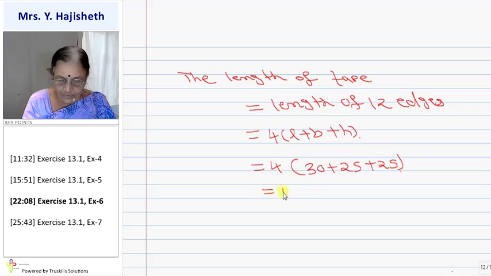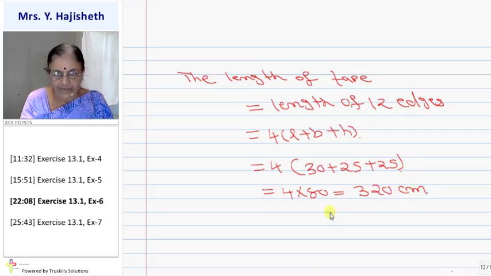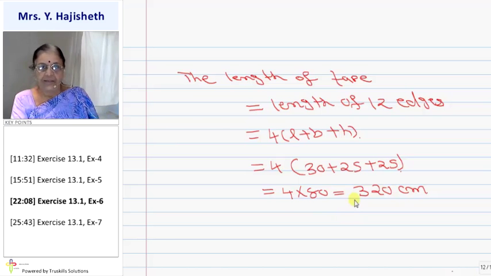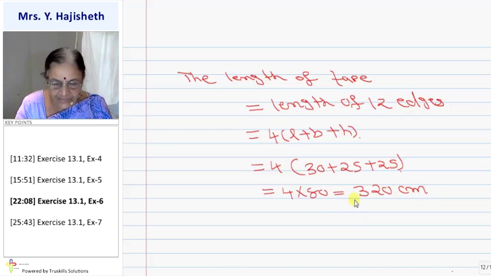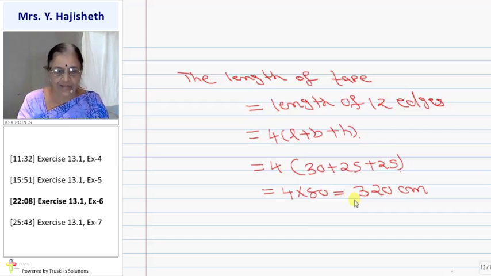So that is 4 into 80. So 320 centimeter tape is required. The length of tape required is 320 centimeter, and the area of the glass is 4250 centimeter square.